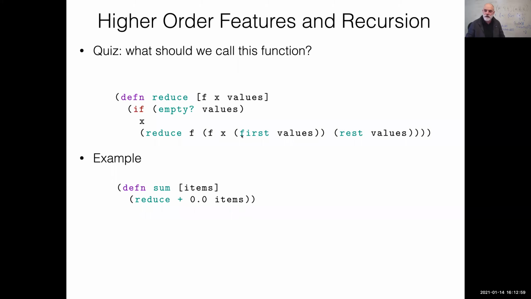So 0 plus the first element of the list is going to be something, and you recursively call reduce f with a new initial value on the rest of the list. When the list is empty, you just return the accumulator x.